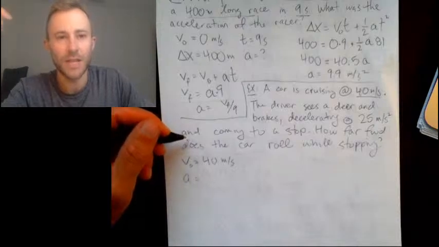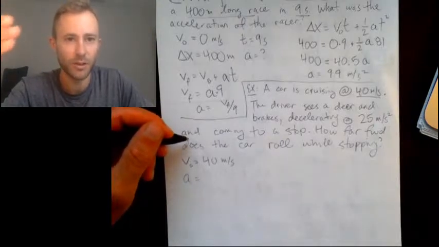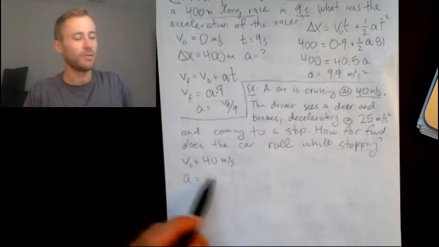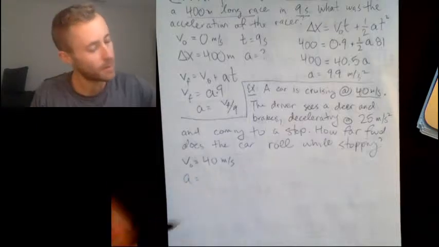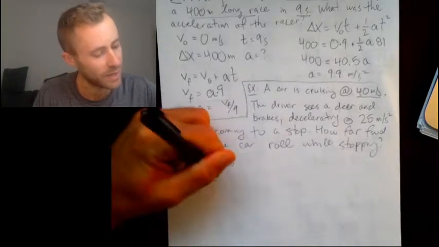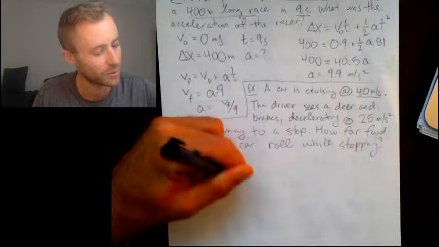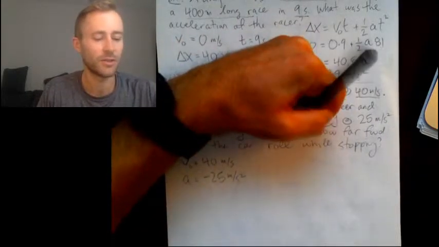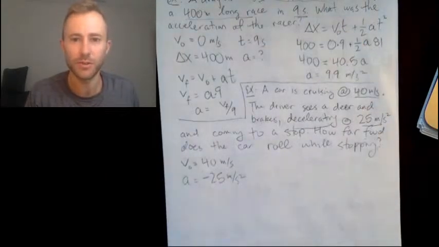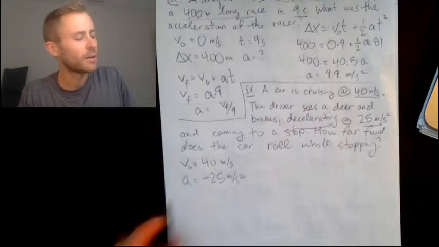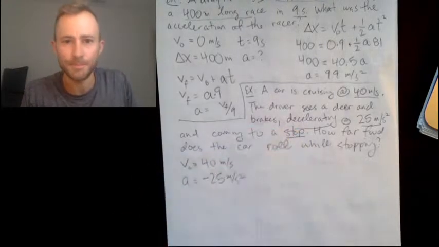So we have to have a negative acceleration if we're going to bring the velocity to 0 from 40. So the acceleration is negative 25 meters per second squared. Again, that comes from decelerating at 25 meters per second squared, coming to a stop.